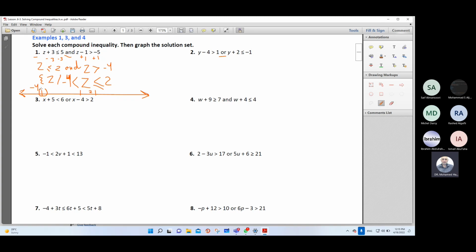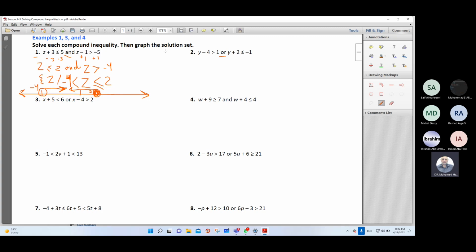And here z greater than negative 4, so the direction is to the positive side. Then z less than or equal to, so it means here a shaded circle because we have equal in the sign. And the direction z less than means to the negative side. And this area between negative 4 and 2 is the intersecting solution for this compound inequality. This is the meaning of "and": we have an intersecting solution.